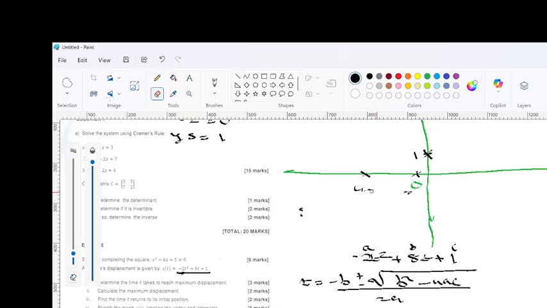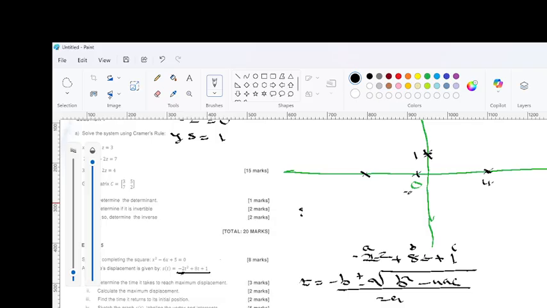So 4.1225, and this one is negative 0.1225. Okay, so those are what we have.